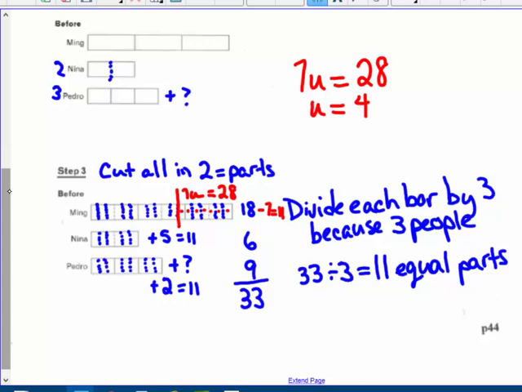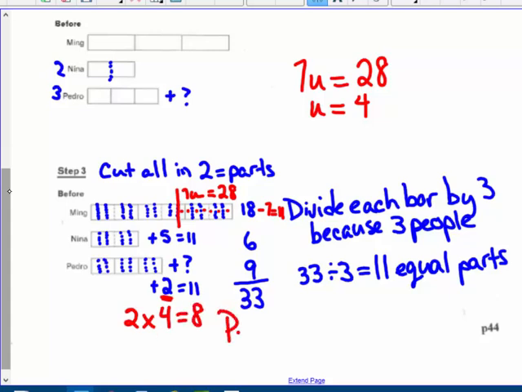Ming gave away 5 to Nina and 2 to Pedro. So she has 11, Nina has 11, Pedro has 11. Since Pedro got 2 boxes and each one had 4 oranges, right? 2 times 4, his 2 boxes, times 4 would give me 8.